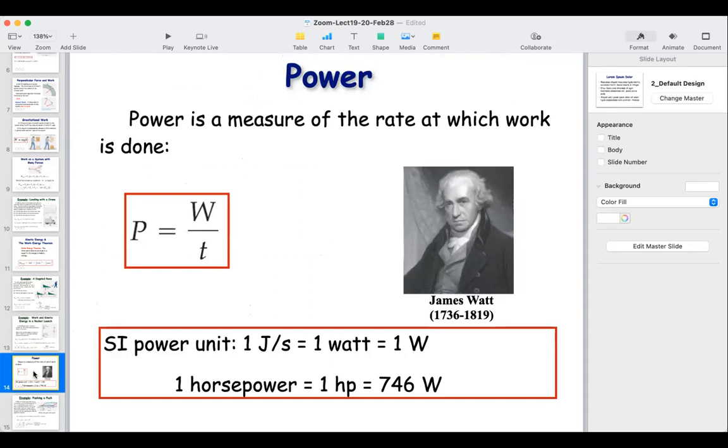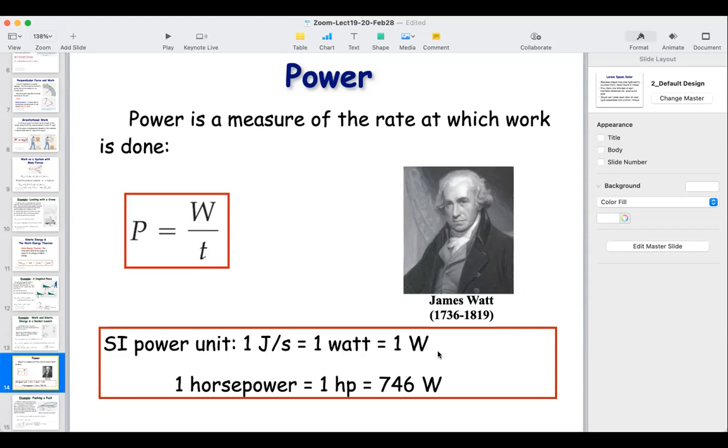So power, we can define another quantity, which is power, and is a measure of the rate at which work is done. So it is the work divided by the time. The units are joule divided by seconds, and this is defined as watt.